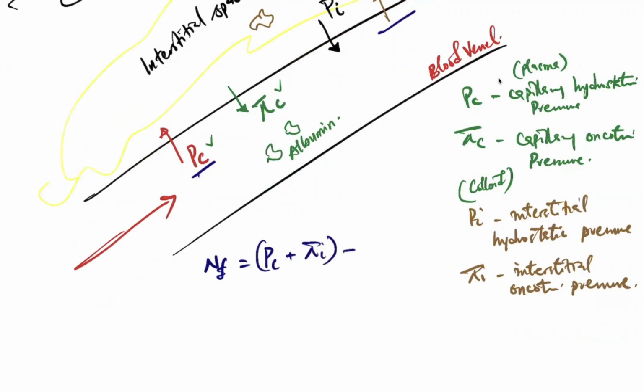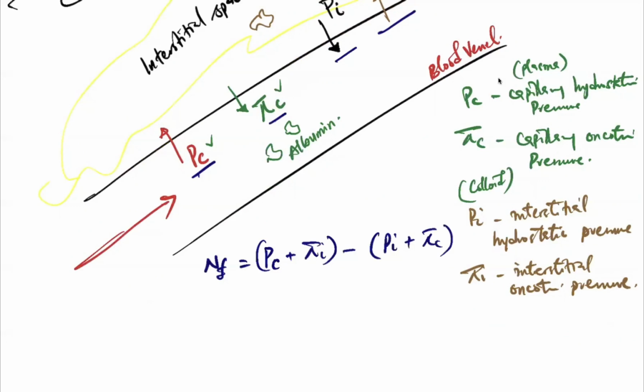And then we contrast them to the forces pulling fluid into the blood vessel, capillary oncotic pressure and interstitial hydrostatic pressure. So interstitial hydrostatic pressure, oops, this is capillary, I hope the difference is clear. This is interstitial, and capillary oncotic pressure.